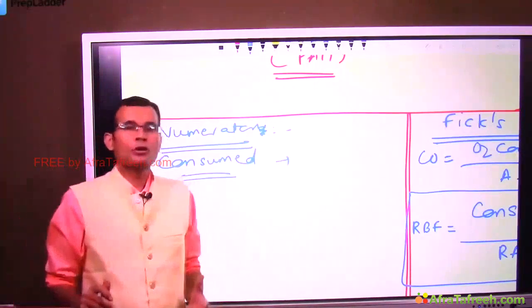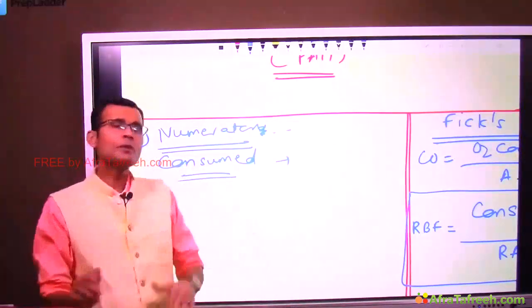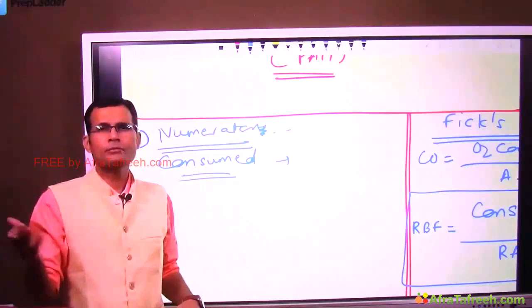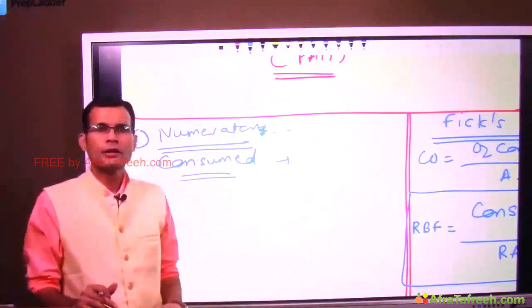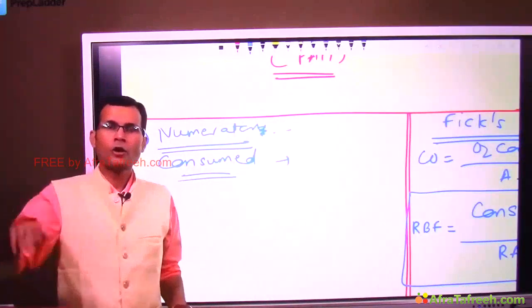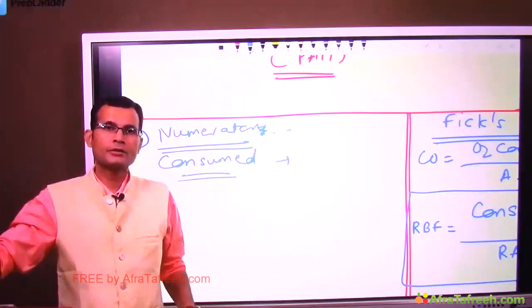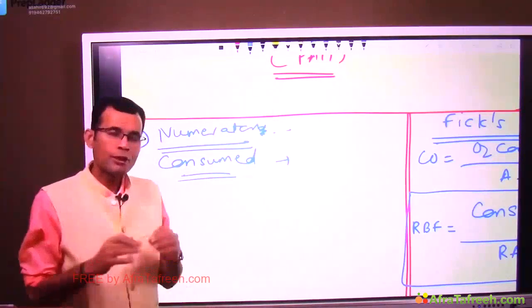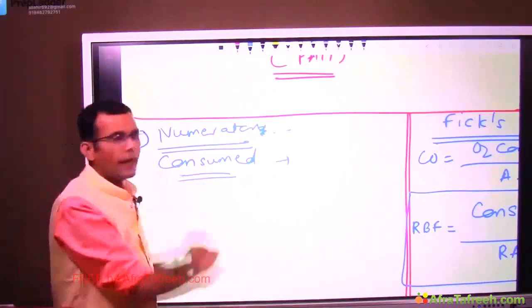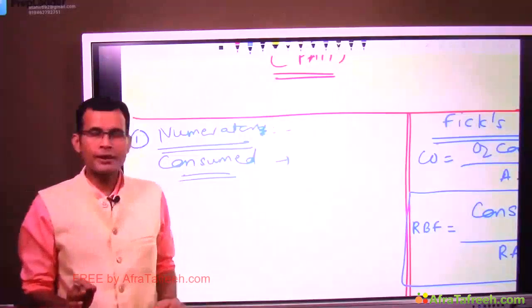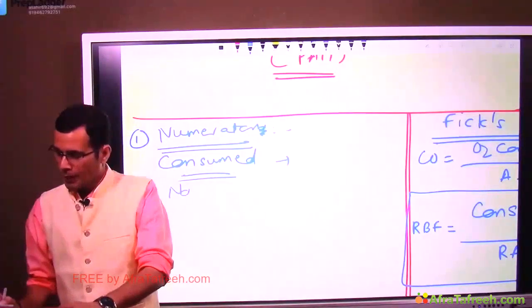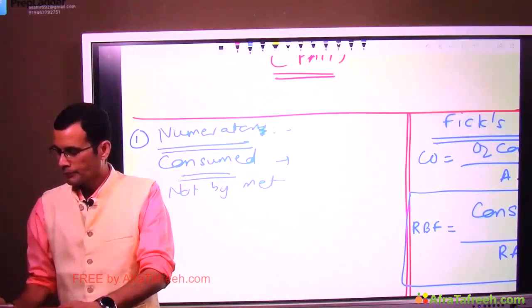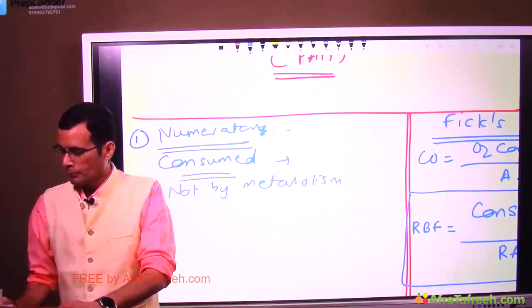But consume means what? There are many things by which we can mean consumption. See, an organ can metabolize that substance. That's also a way of consumption of that substance. We want such a substance X which is consumed by the kidney but not by metabolism. Then how?